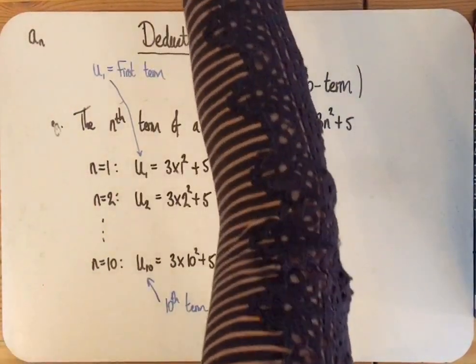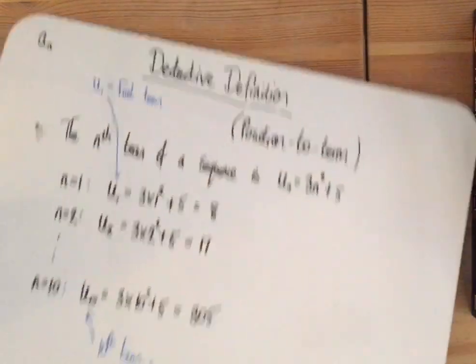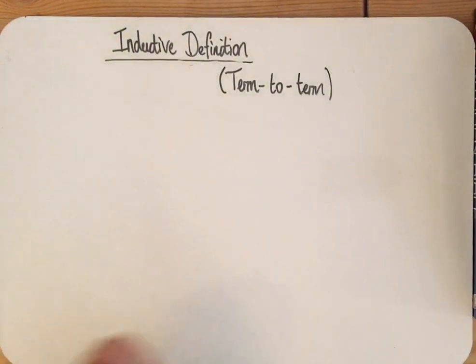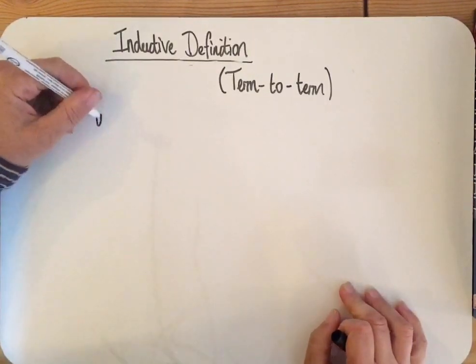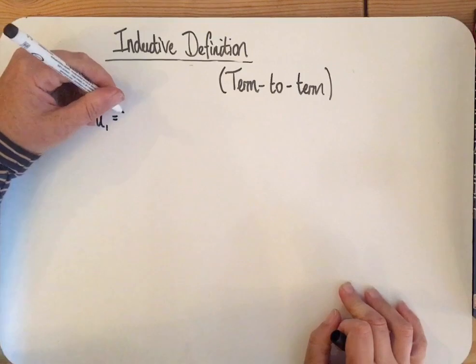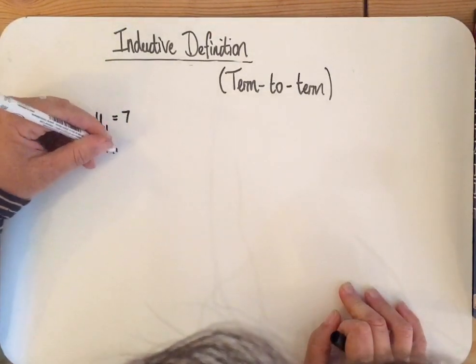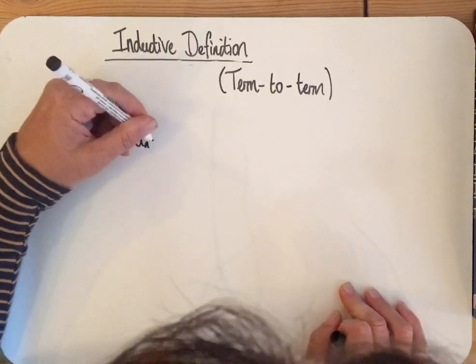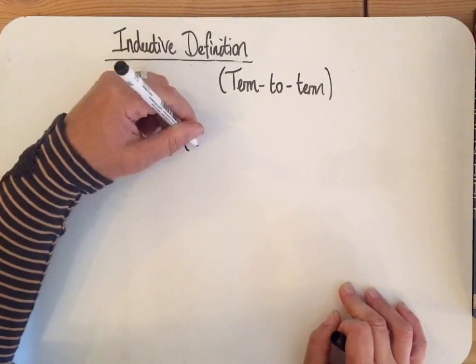So the inductive definitions take you from term to term. And I know some people just find this notation a little bit weird to start with. So, e.g., you'll always be given the first term, and then un plus 1 equals un plus 5, and then you'll be told where to start.